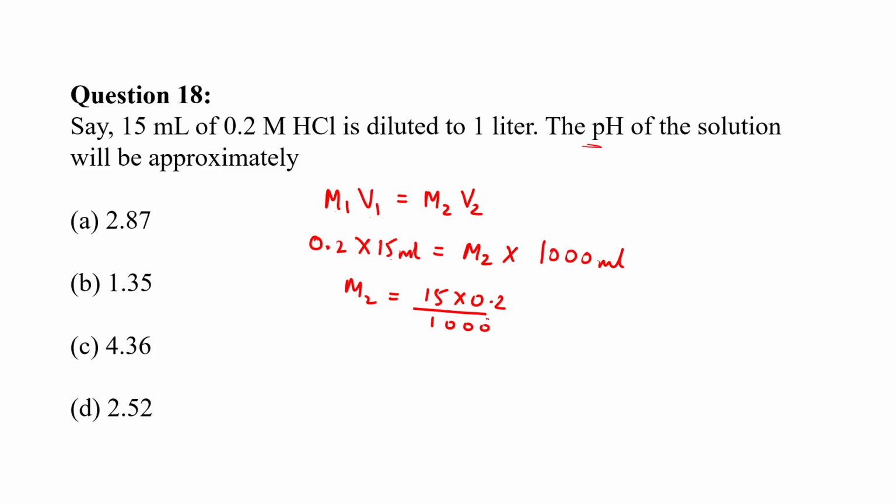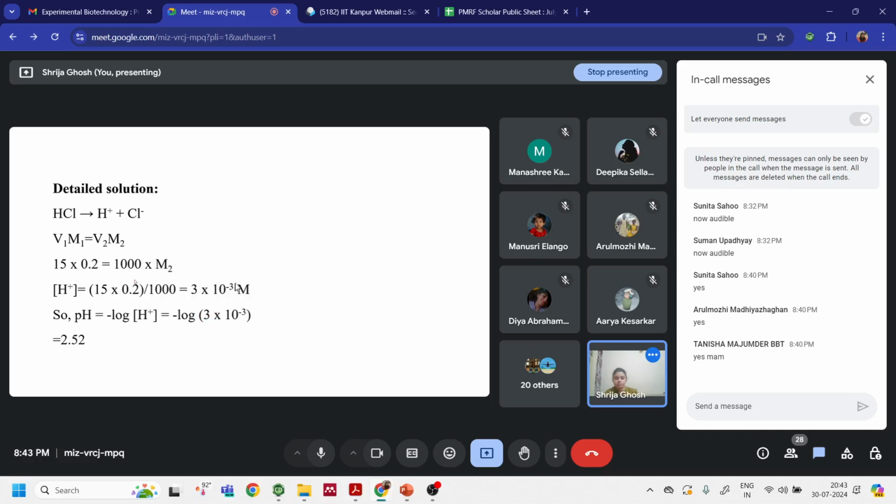Once you solve this, you will get the concentration of H plus ions. Once you have that, just take the negative log and you will get the pH, right? So let's see what's the answer. 15 into 0.2 divided by 1000 is 3 into 10 raised to power minus 3 molar.